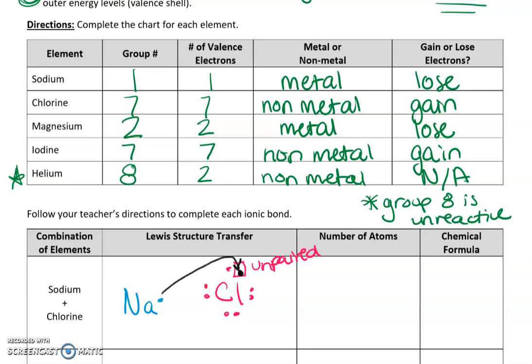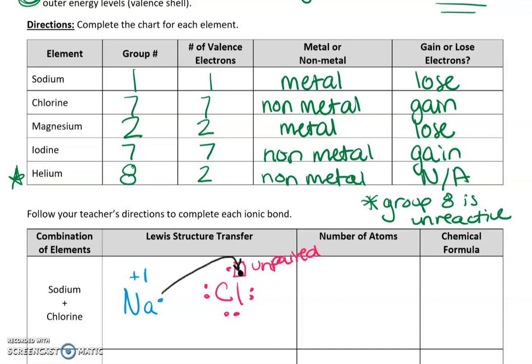Neutral atoms have the same amount of protons as they do electrons, canceling out and making sure that they are neutral. Because we are losing one of our negative charges, we are left with more of a positive charge. Because we're only losing 1 charge, we are positive by 1. We have 1 extra proton in sodium than we do electrons. So sodium now has a positive 1 charge.